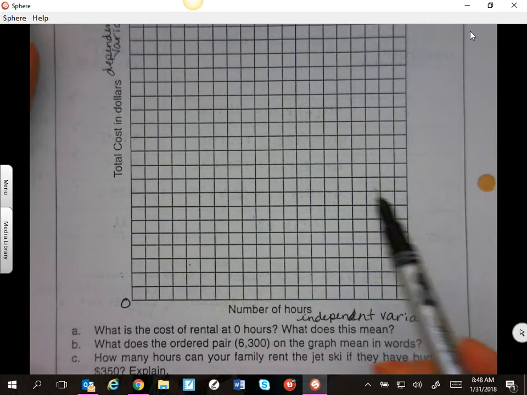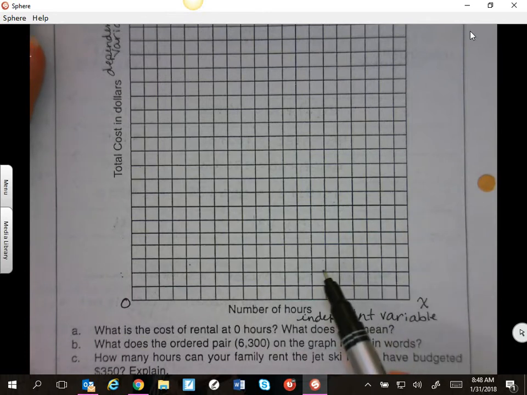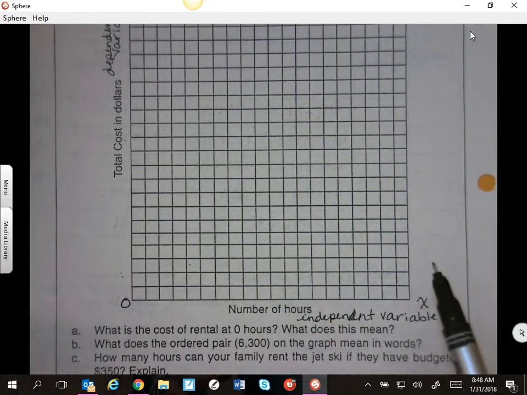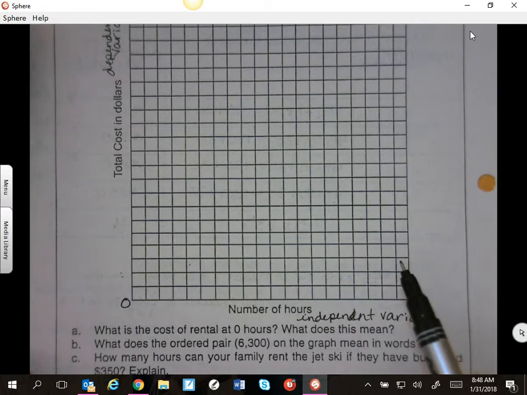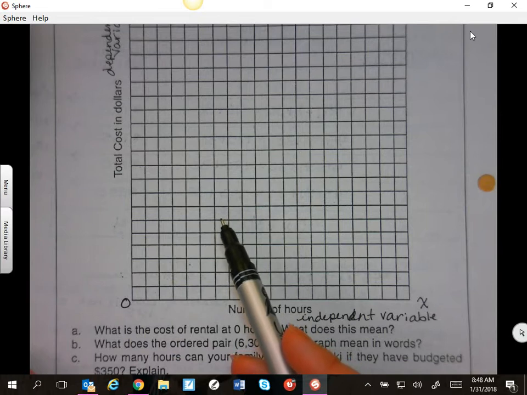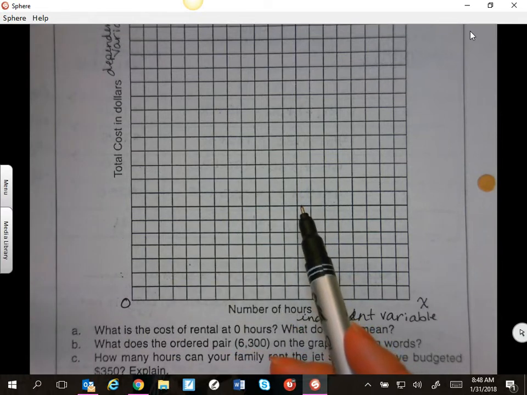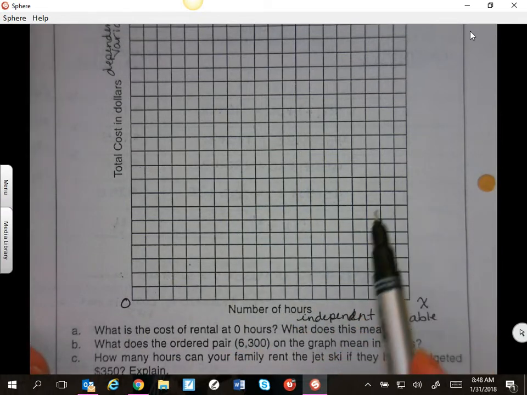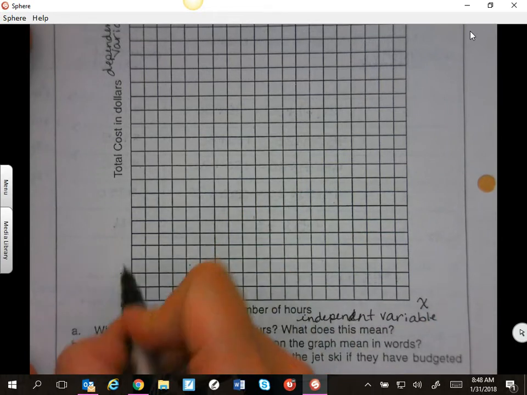So look for something they have in common. 30 and 45 have 15 in common. So maybe we count by 15s, or if you wanted to, we could count by 30s, and we could estimate. It's really up to you. I'm going to suggest that we count by 15. And on your hours, we'll just count by ones.